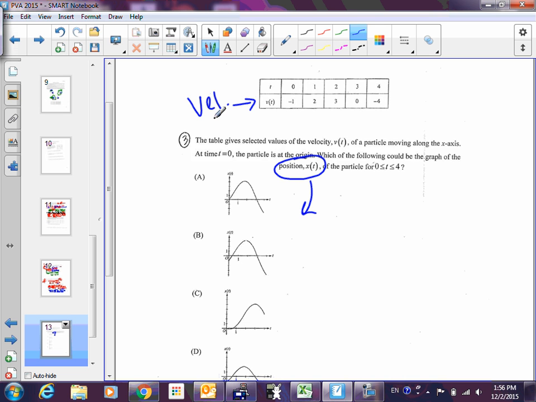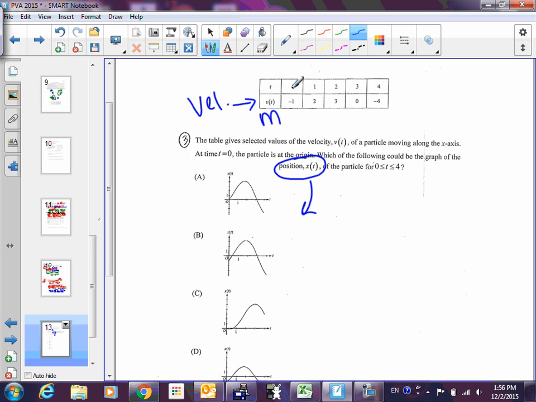Okay, how are velocity and position related though? Velocity is the what of position? The derivative. Now when we're looking at graphs, what do we look at to determine derivative? The slope. So I'm going to think about slope.